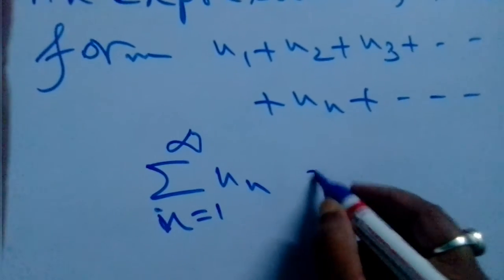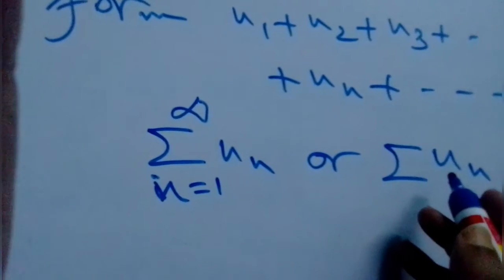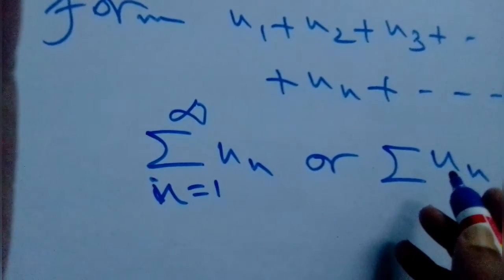That can be written as the summation of un. In this manner we can take it in this form. This is called the infinite series.